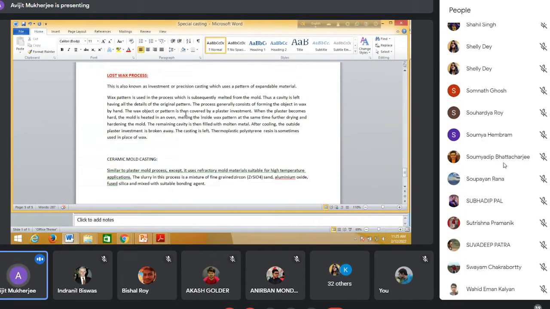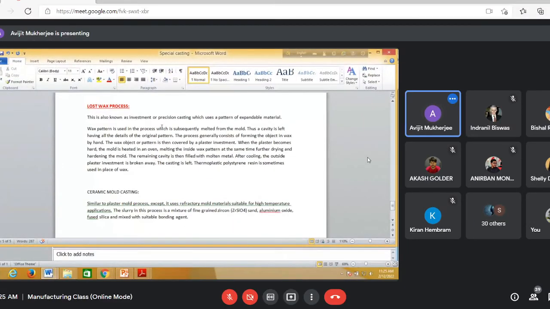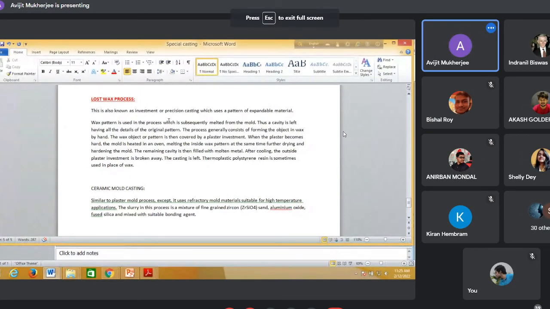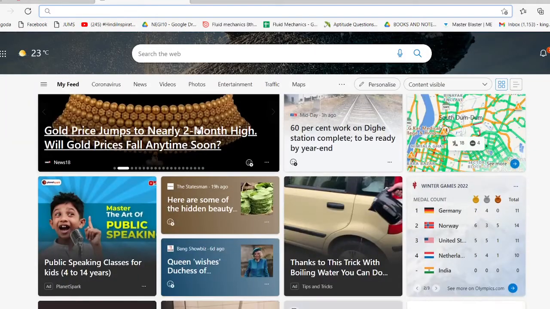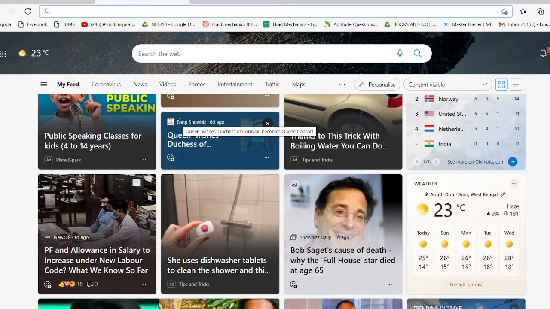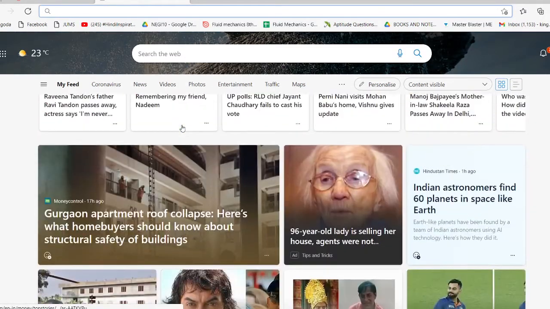And what is the material? That is the pattern material. Mind it, no metallic pattern is used in this lost wax process. The pattern material is some expendable material. Expendable means that on getting heat, the material will melt.